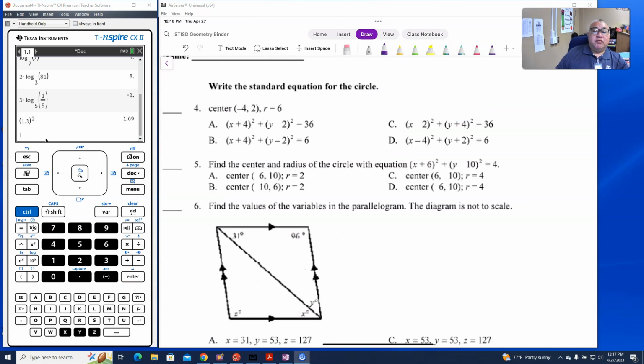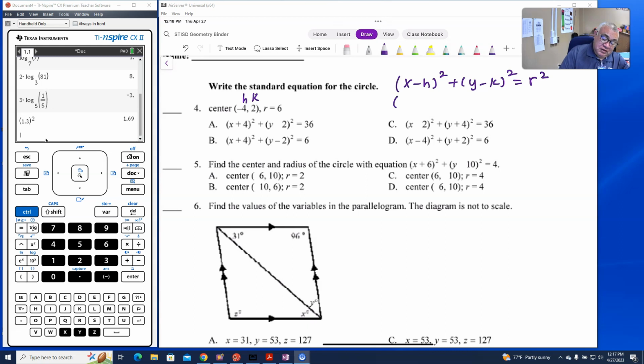Number 4, we have to write an equation of a circle in standard form. Remember, the formula will be x minus h squared plus y minus k squared equals the radius squared. This will be your h, which is your x value, and this is your k, and of course we have our radius.